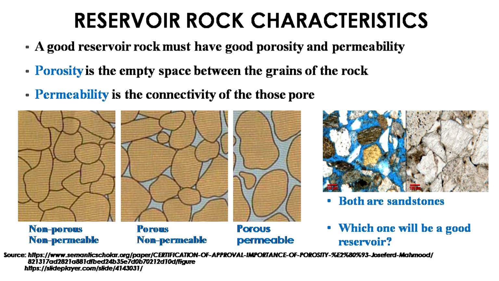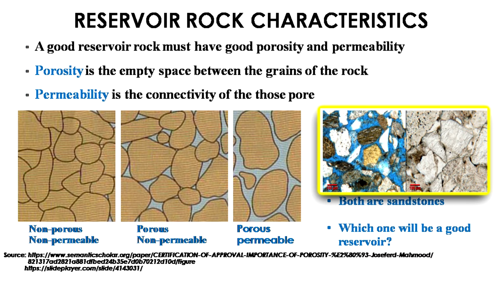Now, you understand what the characteristics of a good reservoir rock are. Now, if I give you this picture, you can easily understand this is a thin section of the sandstone. On the left hand side, you see a lot of blue spaces, those are nothing but the pore space. So, you can immediately tell me which one is a good reservoir rock out of these two sandstones.